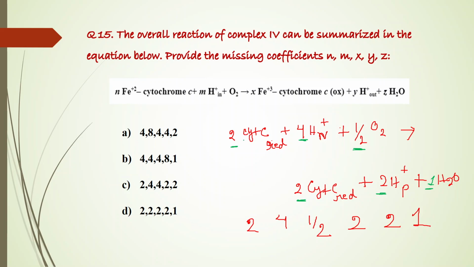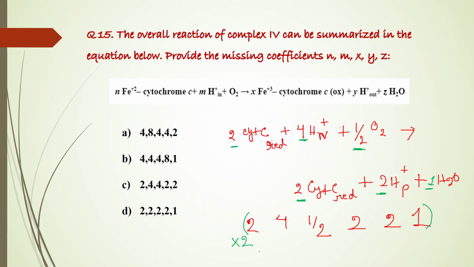Why not? How can we match it? Just see, in some options here we have 1/2. We do not want any kind of decimal, so let us just multiply this by 2. So the overall balance remains the same. We are just multiplying the overall balanced equation with 2, but ultimately it will remain the same reaction.